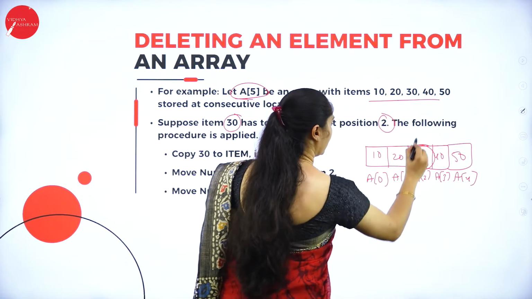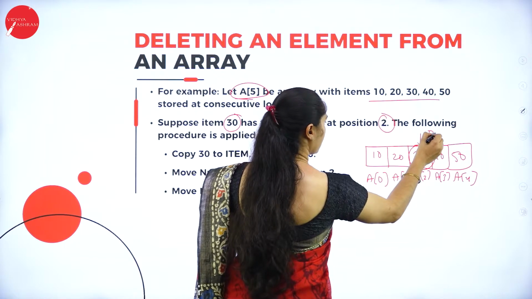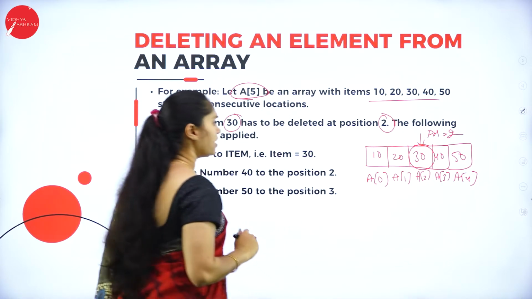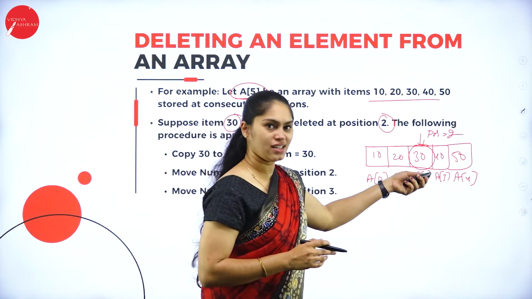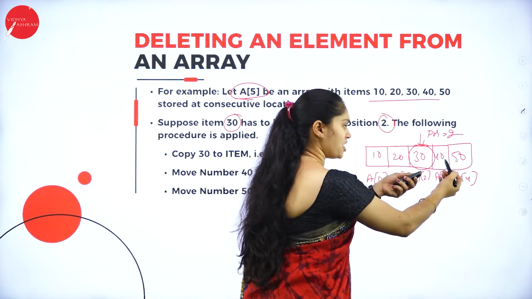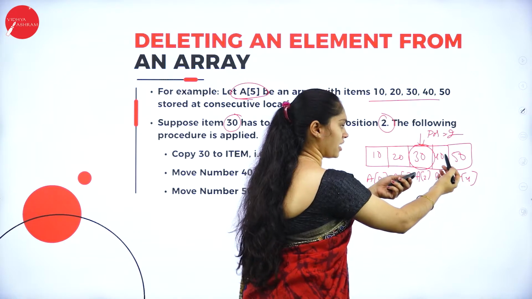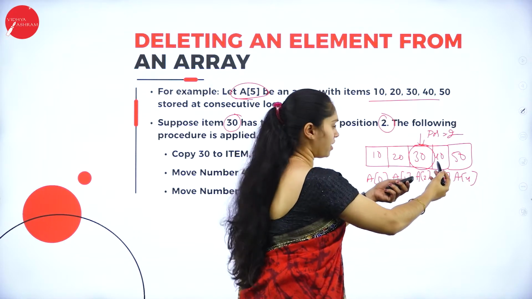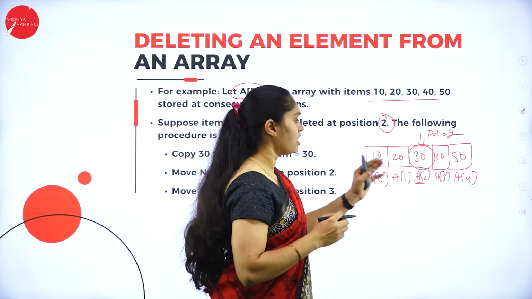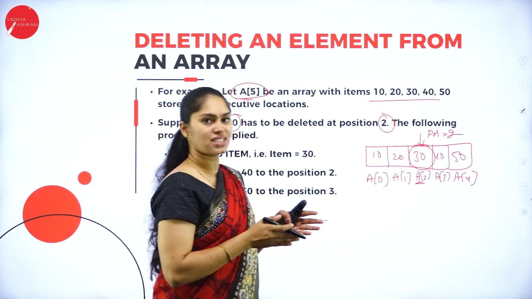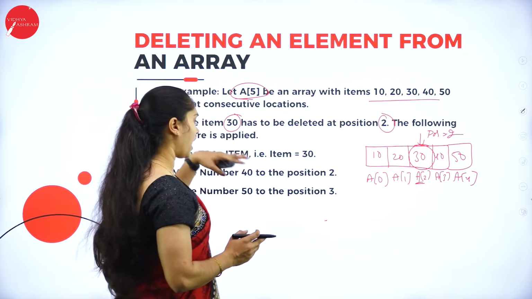I want to delete the element 30, which is in position 2. Then what will happen? If I delete 30, then 50 should be shifted to the location of 40, and 40 needs to be shifted to A of 2. So we are shrinking the size n by 1, that is n minus 1.